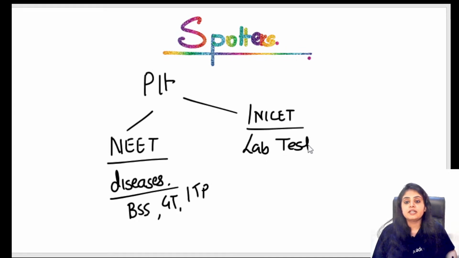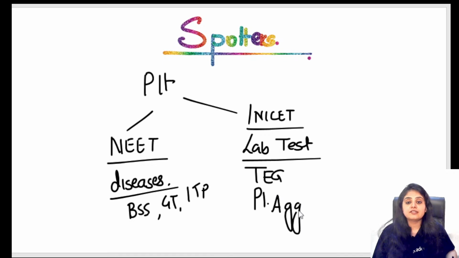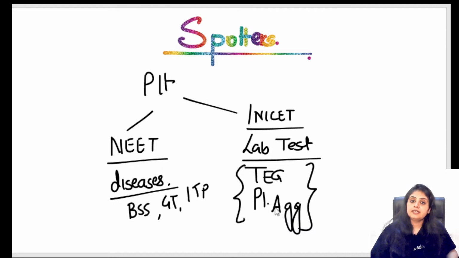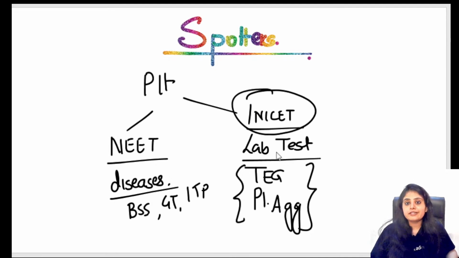They will really like to ask you thromboelastography and platelet aggregometry, and these are classes that I have conducted on Unacademy. In the Kickstart morning session, TEG has been a class. In fact, it came in the recent exam only. Platelet aggregometry, their graph. So INI-CET is more interested in laboratory tests, and NEET is more interested in the diseases and clinical scenarios.